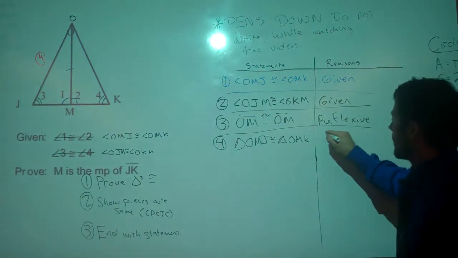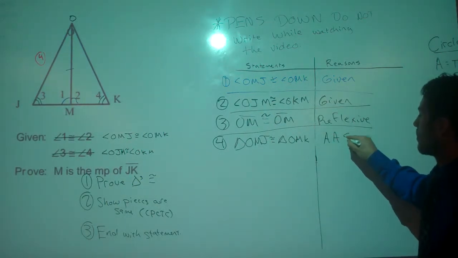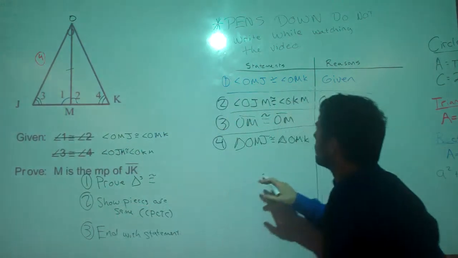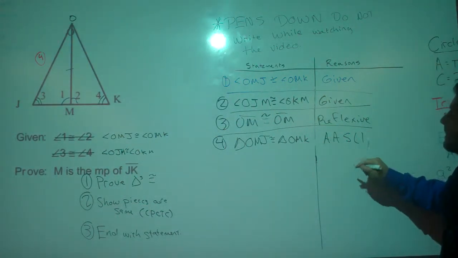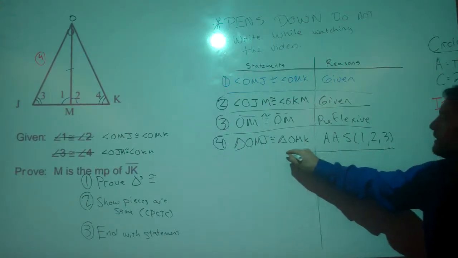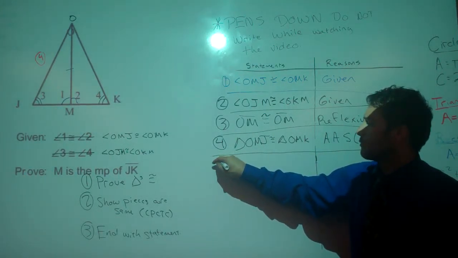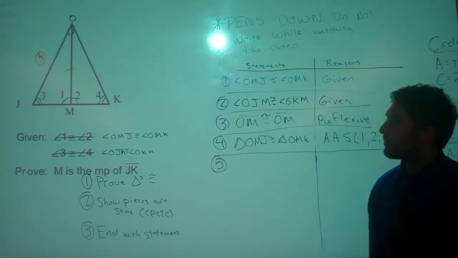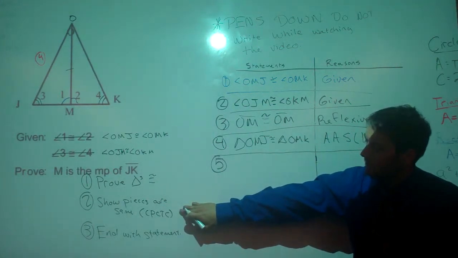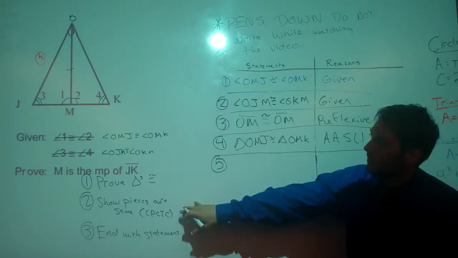This was angle, angle, side. The first angle that I got, the 2 blue angles here, I put in step 1 of my proof. The second angles, J and K, were in step 2 of the proof, and then the side was in step 3. I did not forget to put any of the steps in my proof, but I have actually written them all down. Now that the triangles are the same, I can say that the pieces are the same using CPCTC.